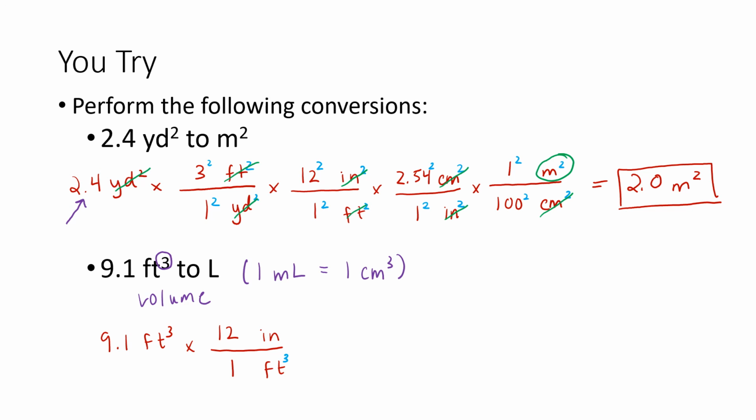So we have to cube the units and cube the numbers. Next, we could convert inches into centimeters. So inches will go in the denominator, centimeters in the numerator. 1 inch is 2.54 centimeters. We want to cube everything.